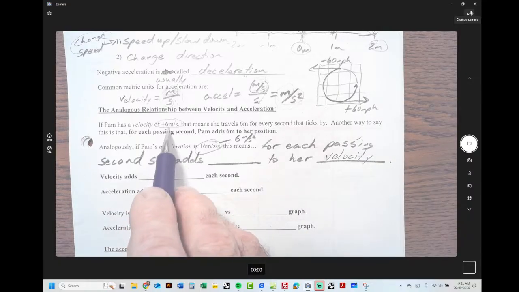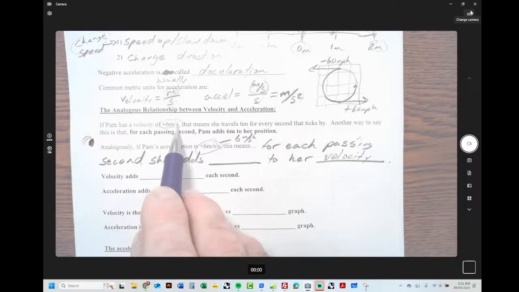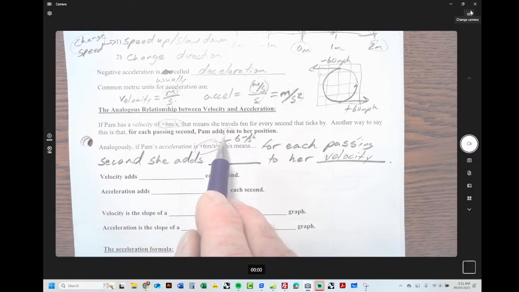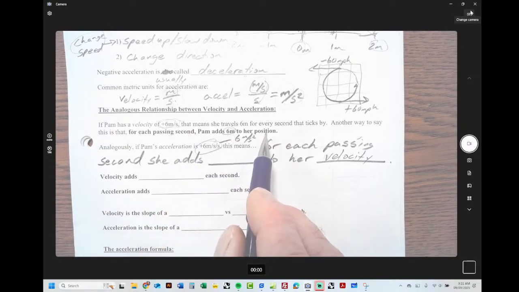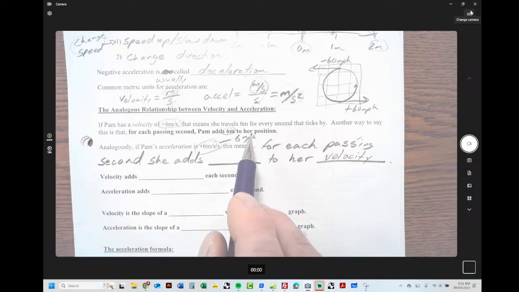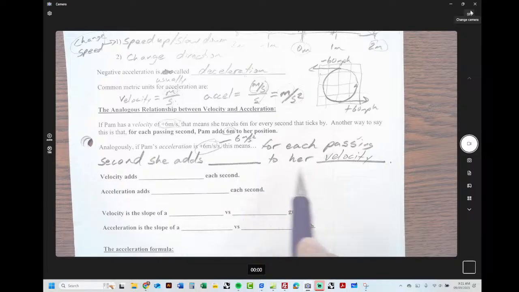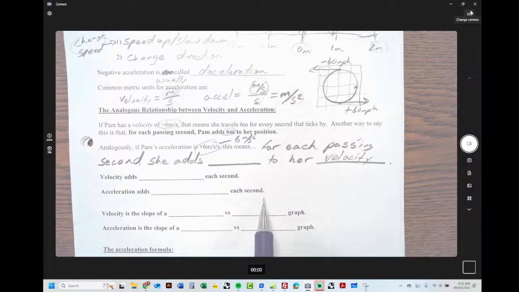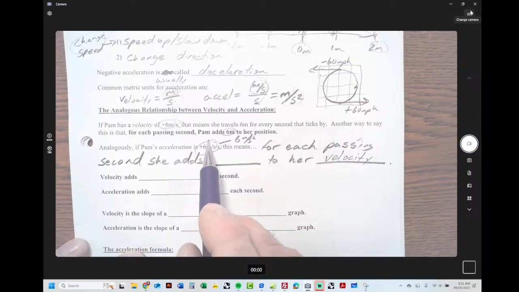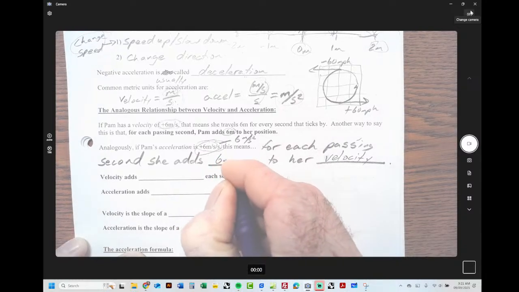And if her velocity was 6 meters per second, she was adding 6 meters to her position. But with an acceleration of 6 meters per second squared, what's she adding to her velocity every second? How much speed is she adding every second? 6 meters per second.